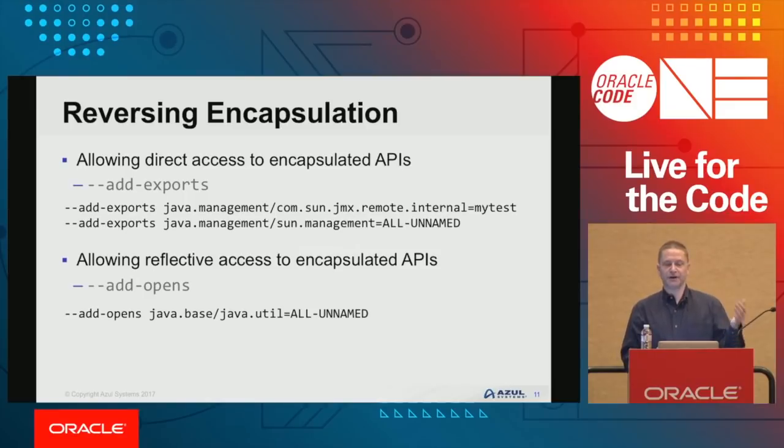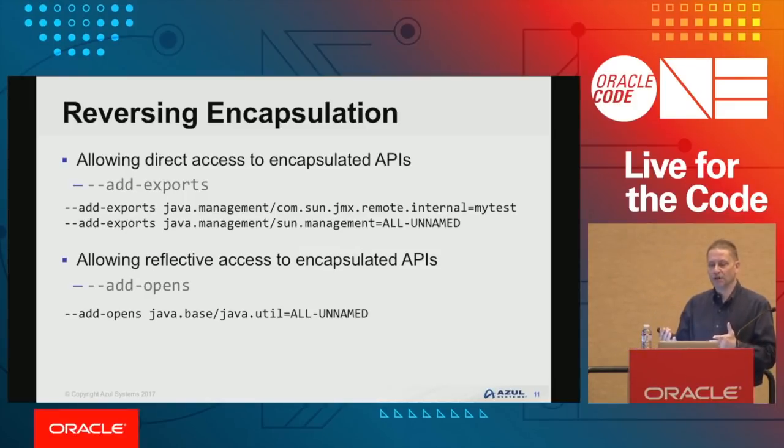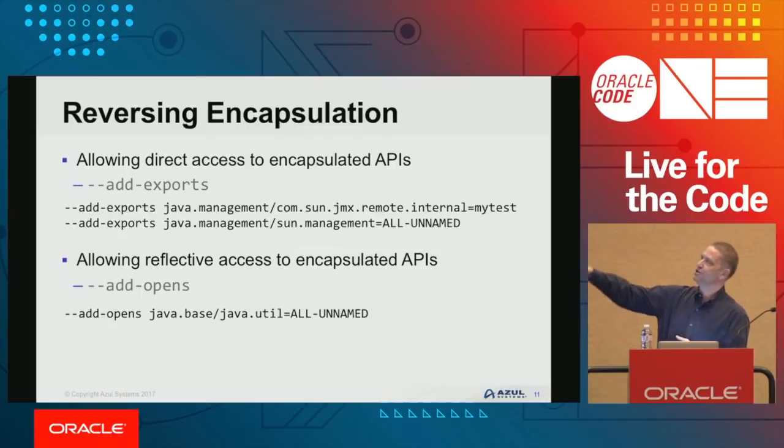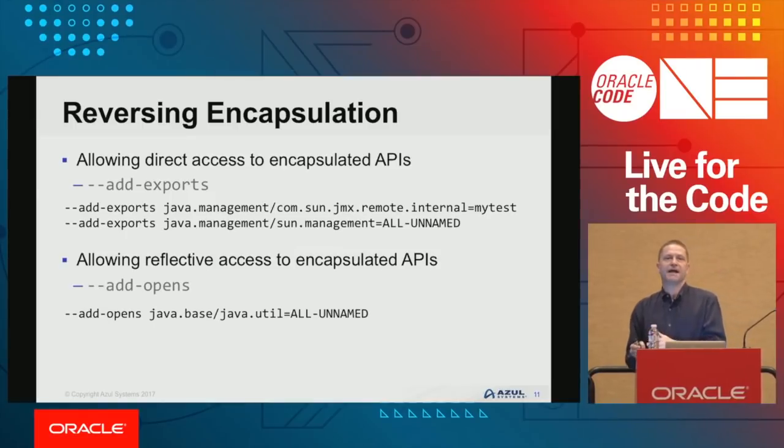So you can specify, in this case, add exports, the java.management module, and then we want a package within that, which is com.sun.jmx.remote.internal, but we're only going to expose that to the mytest package. So the idea here is you can restrict access to specific packages for specific modules.